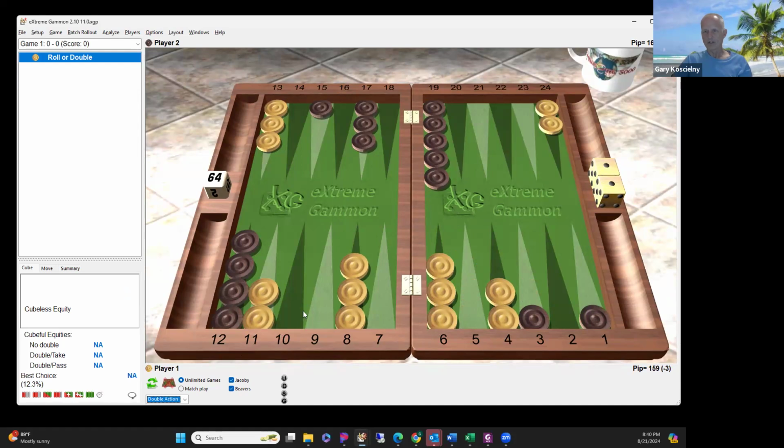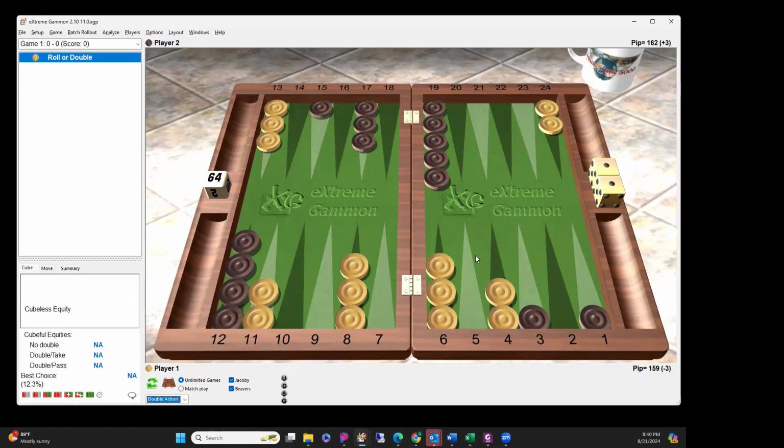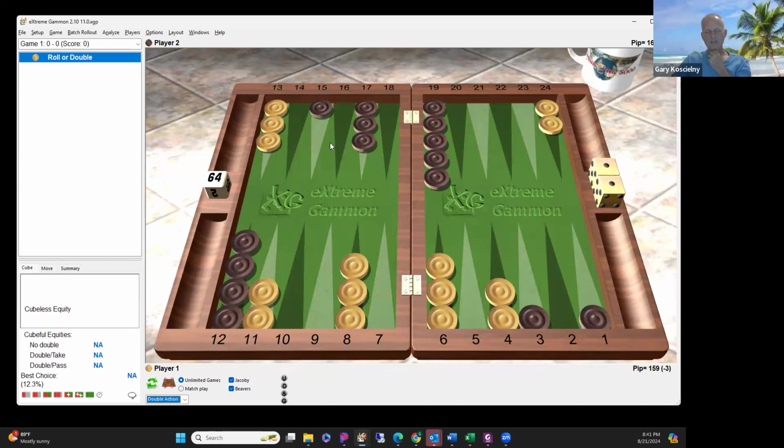So here, let's go through the Olsen system again. Do we have threats? Yes. What are they? I can hit the fifth. There's a blot out here you could hit.